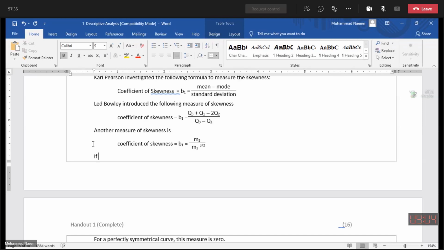If this B1 is 0, we say that the distribution is symmetrical. Okay.